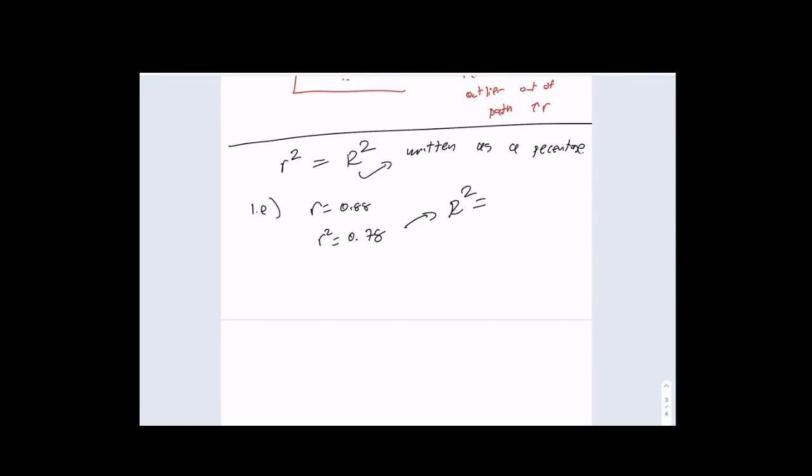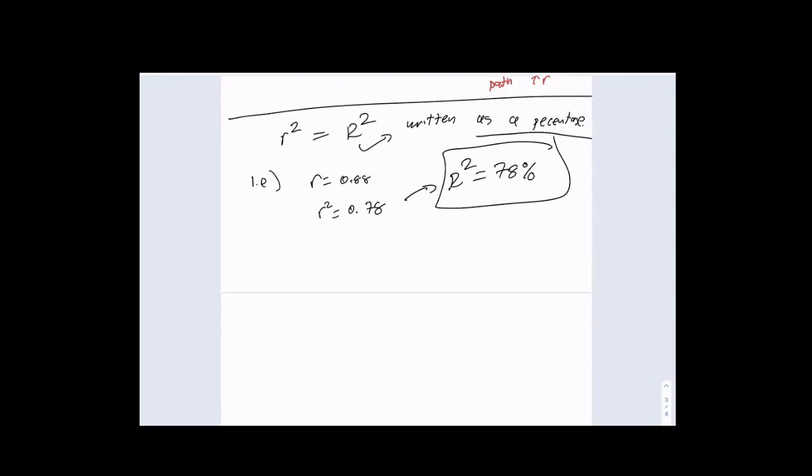Are you there? Hello. Before you even did square roots, you did this. What is this number as a percentage? It is written as 78%.